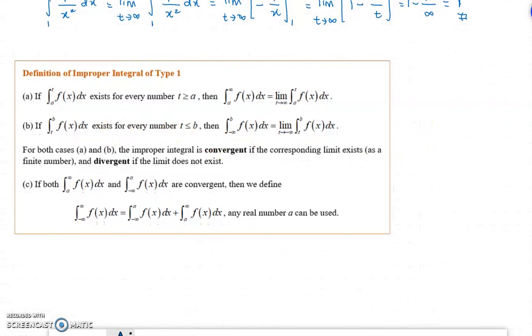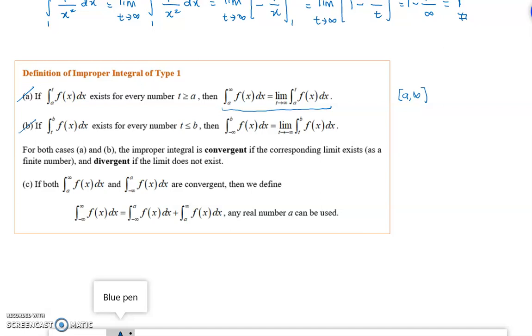From this example, we can define the integral of a function over an infinite interval in the following way. The first one: if f(x) is continuous in the interval from a to infinity, then the integral of f(x) dx from a to infinity is equal to the limit as t approaches infinity of the integral from a to t of f(x) dx.